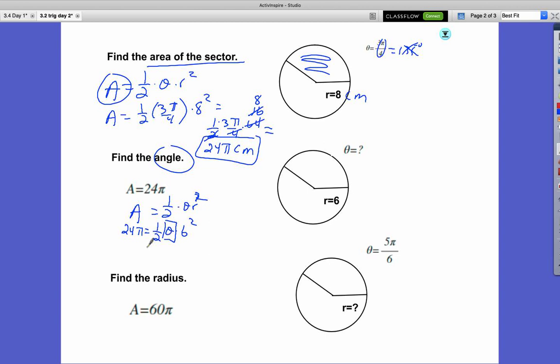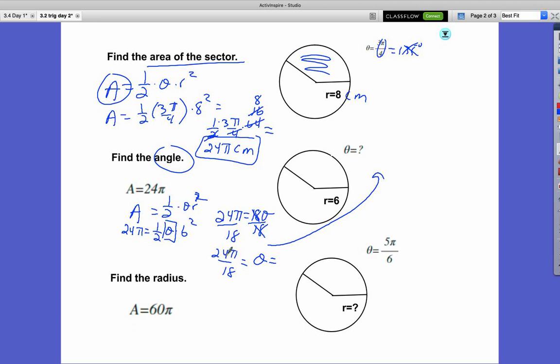So the right side of the equation is 36 times 1/2, that's 18. So we have 24 pi equal to 18 theta. So let's solve for theta by dividing by 18. And this is our angle in radians right here, 24 pi over 18. So that's a perfectly acceptable answer.